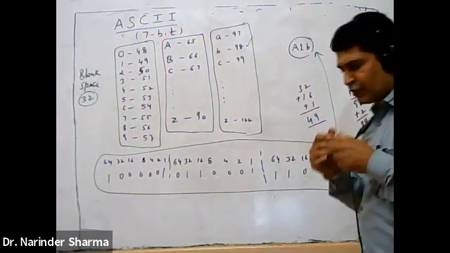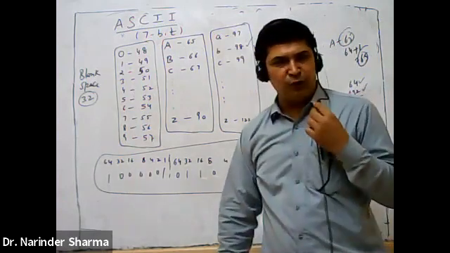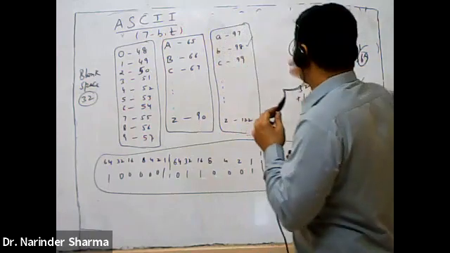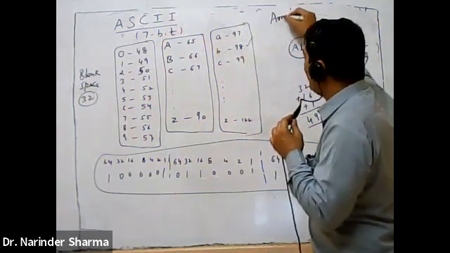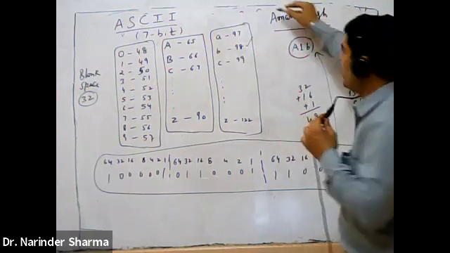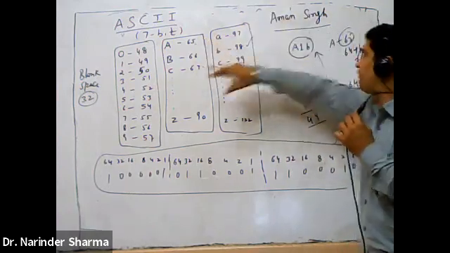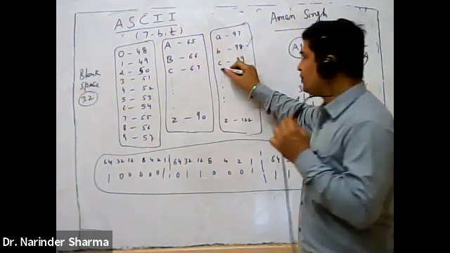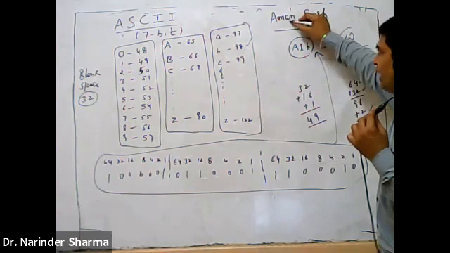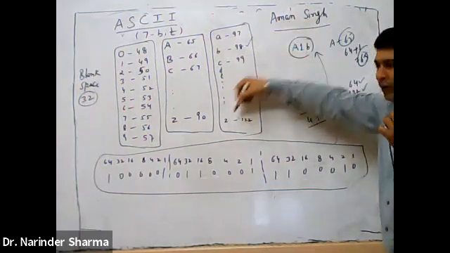So I leave the task for you. Each one of you has to make the ASCII code of your name. For example, let us say I'll write Aman Singh. So capital A is 65, small m you have to compute from D, E, F. From here you can get the value. Small a is 97. Similarly, n you can get the value.